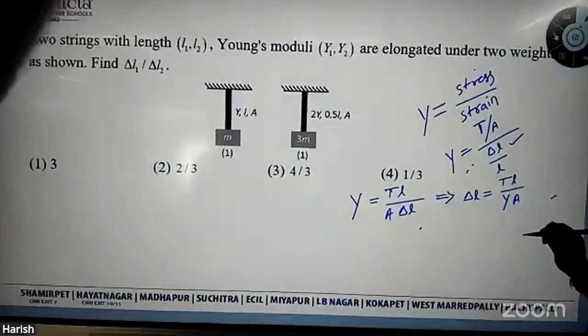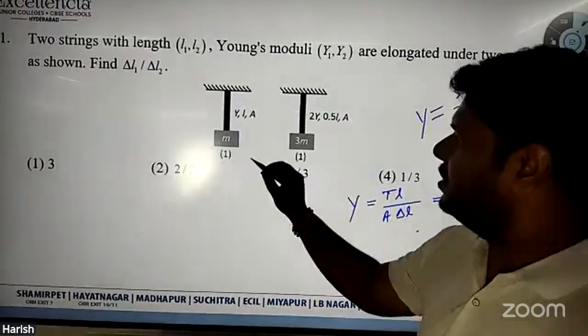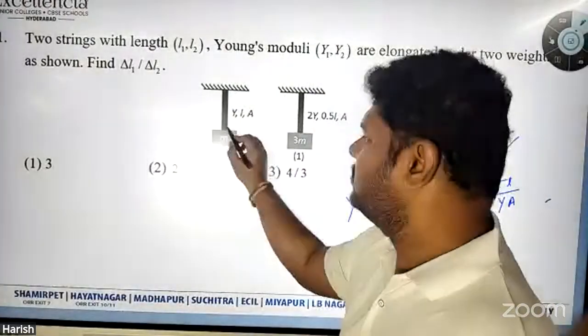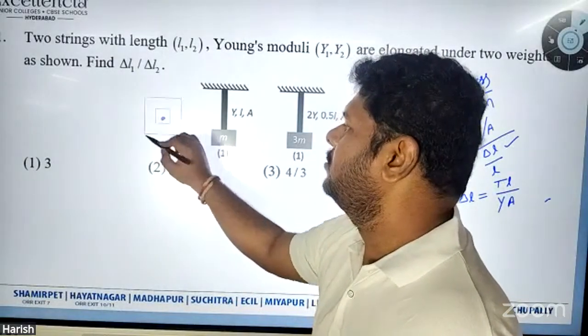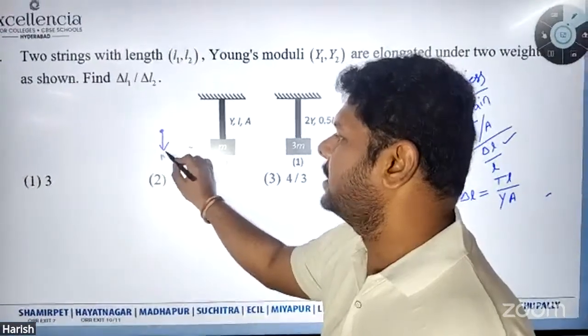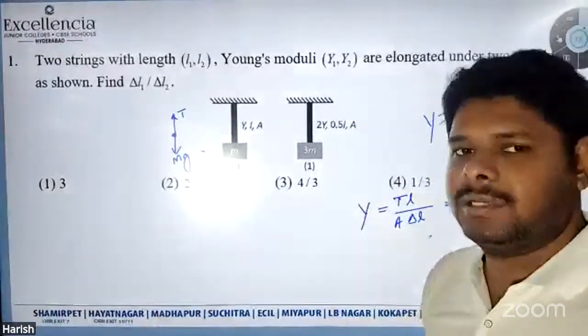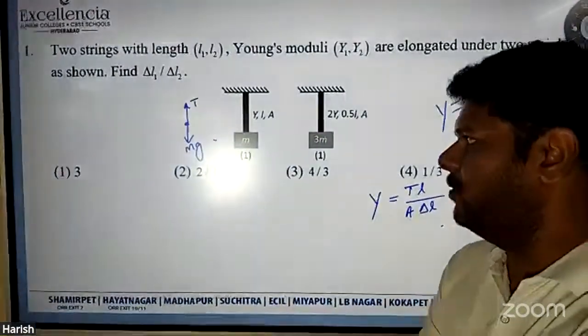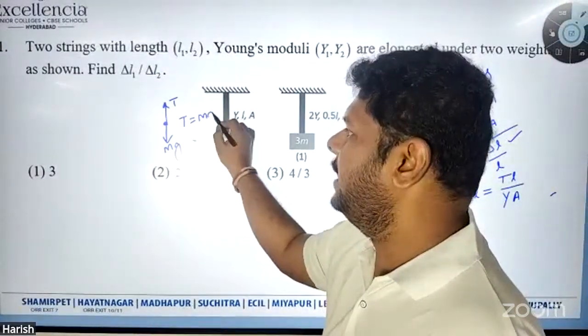So they have given the Young's moduli Y1 and Y2. Now the tension. Notice one thing here. If you draw the FBD of this block, two forces are acting on the block: its own weight, which is mg acting downwards, and tension T, which is acting upwards. As the block is in equilibrium, I can say T is equal to mg.